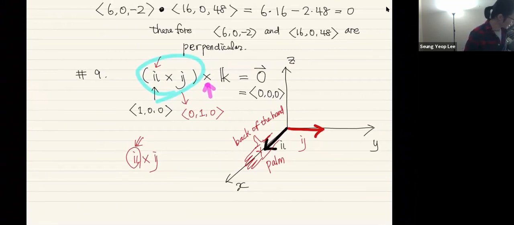Triple products is related to how to calculate the volume of this parallelepiped, and torque is how this cross product is related to some rotating force, but I'm going to skip those two. Any question? If not, I'm going to move to the next section.